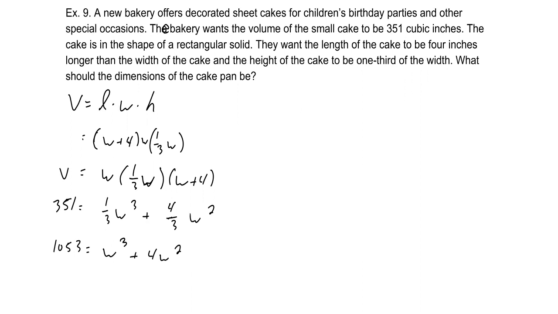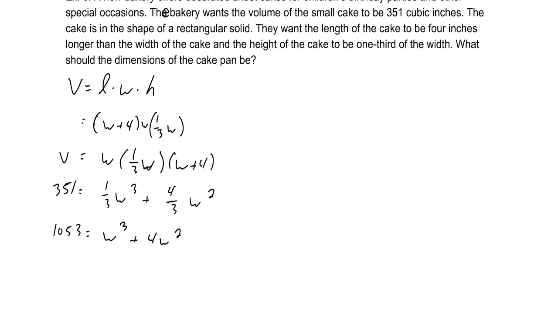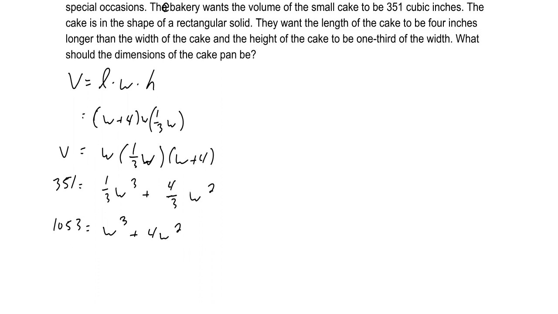Rearranging that, W cubed plus 4W squared minus 1053 equals 0. Now, for the number of solutions, we might be able to use Descartes' rule of signs to determine something there, or we could use our rational root theorem. Let's go ahead and do that.